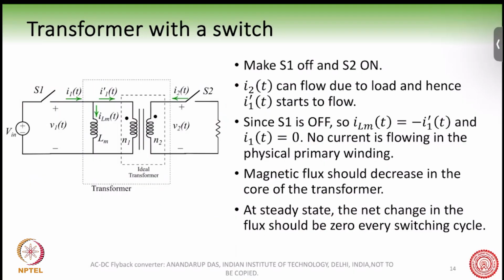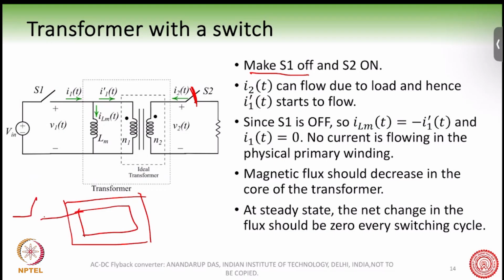Now let us see what happens when we go the other way. We make S1 off and S2 on. So now we are going to turn on this switch. Let me draw it once more. We have already stored energy in the core. Now we have turned on this switch like this, and the current has started to flow.